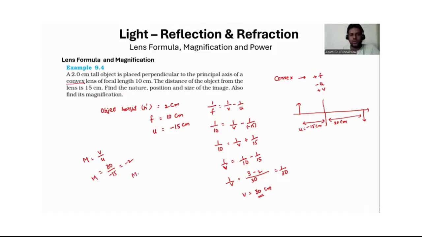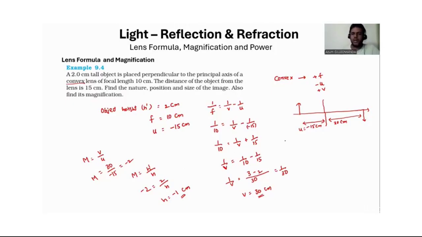We also know m is h dash by h. We also need to find the size of the image as well, right? So minus 2 is h dash by h, and h is 2, so h dash becomes minus 1 centimeter. So this minus value indicates the image is inverted.